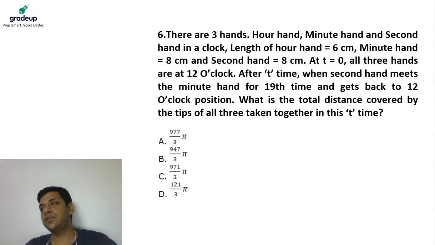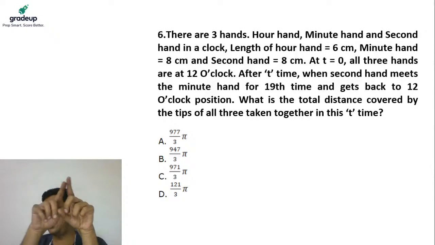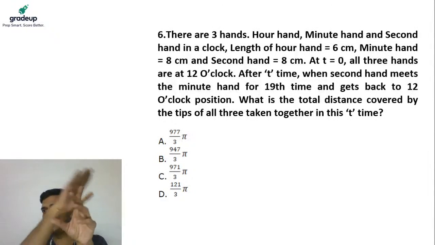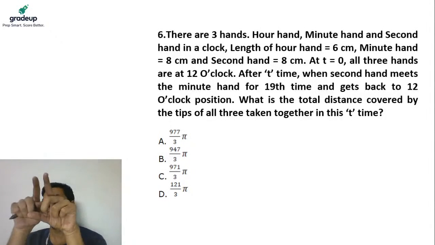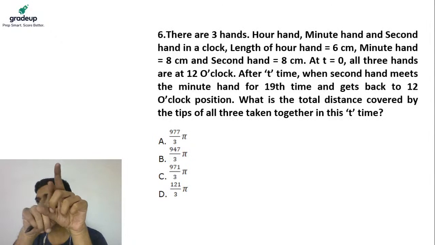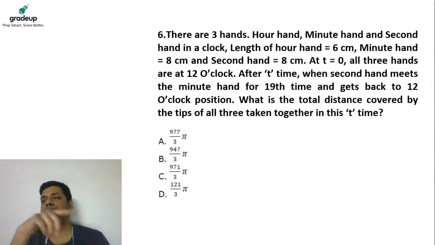Okay, so the question says that initially hours hand, minutes hand, second hand, all of them are at 12. Now all of them will start moving. First of all, second hand will overtake minutes hand after some time. After some time, second hand will overtake minutes hand again.